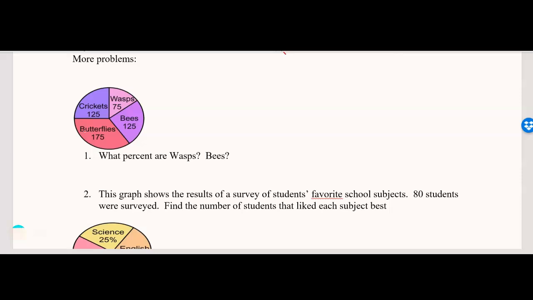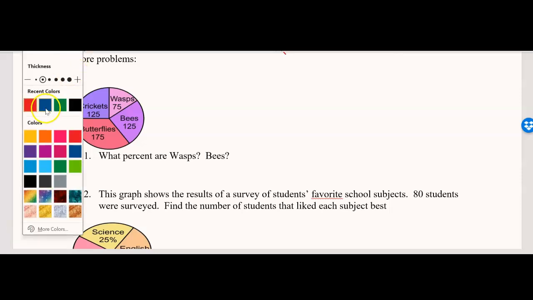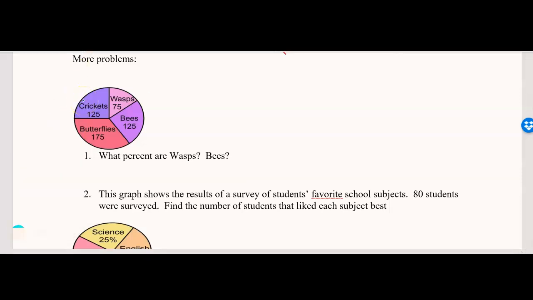Okay, well, we're looking at what percent are wasps. Well, in that case, what I need to do first is add the total. We always have to know the total because a percent, if you remember, is the part, whatever it is we're looking at, over the whole.